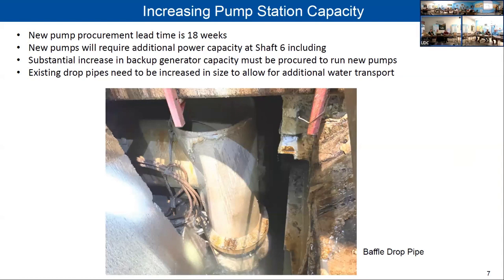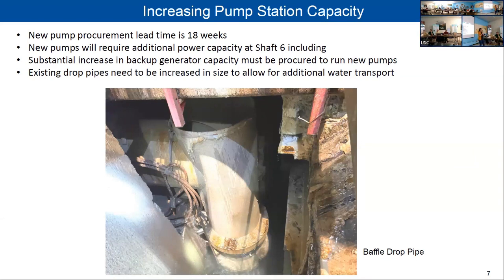So we want to make sure that all of this work is going to be correct when we go in and redo it. We're going to put in new pumps at shaft 6, but the new pumps also require additional power. So the power needs to be upgraded at shaft 6, because we weren't anticipating running these pumps throughout the entire shutdown.